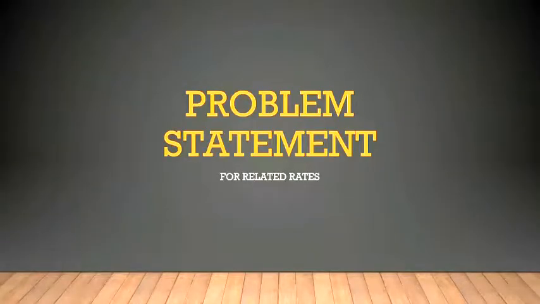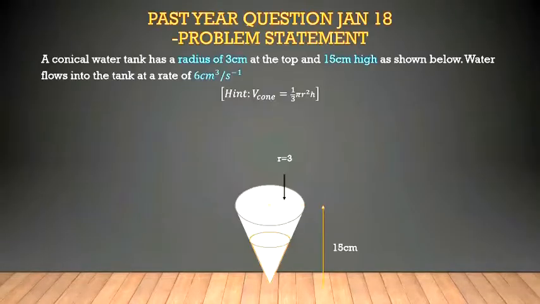Problem statement for related rates. Let's take a look at the past year question, January 18, for a related rate problem statement. A conical water tank has a radius of 3 cm at the top and is 15 cm high, as shown below. Water flows into the tank at a rate of 6 cm³ per second.